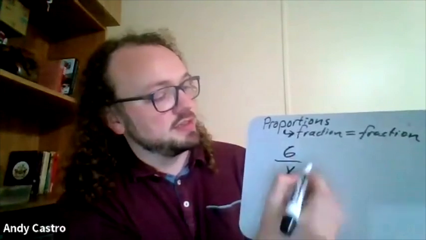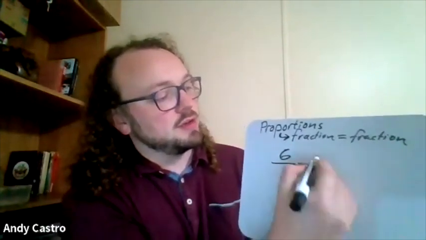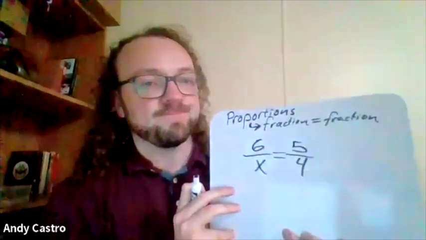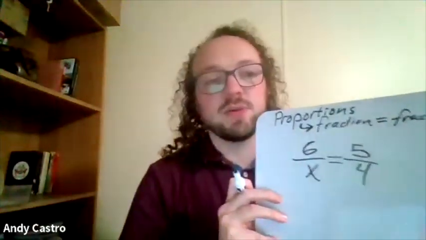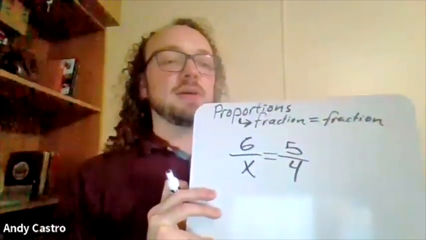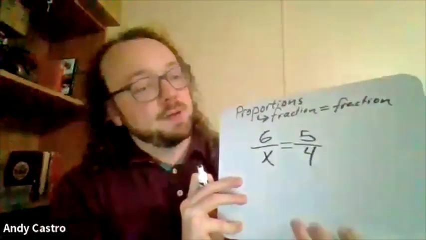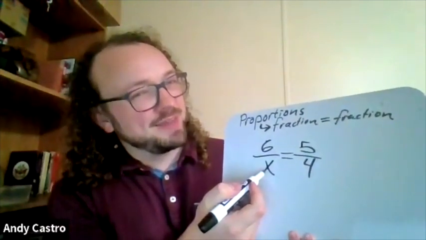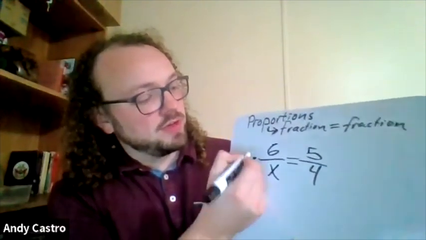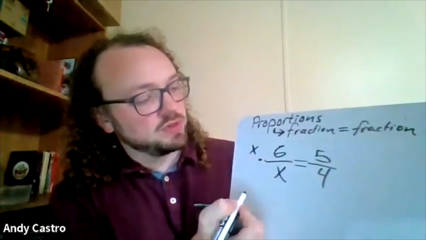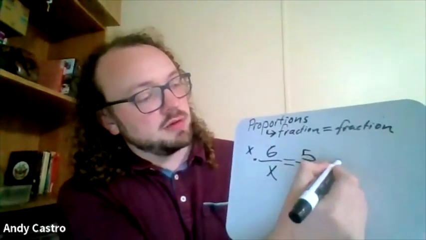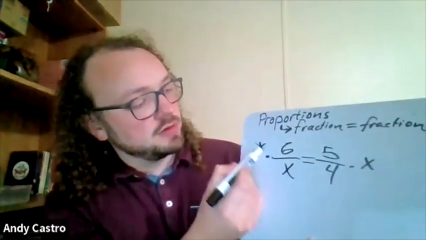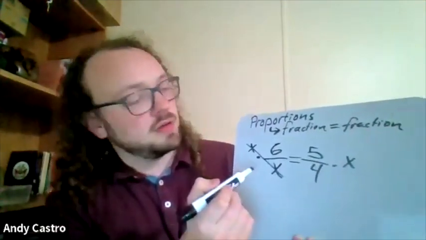So that's 6 divided by x equals another fraction. Right, this is where we have to think a little bit harder because now we have x in the denominator here, and so we have to get it out. The only way to get it out is to multiply both sides by x. So let's work this one. These cancel out.